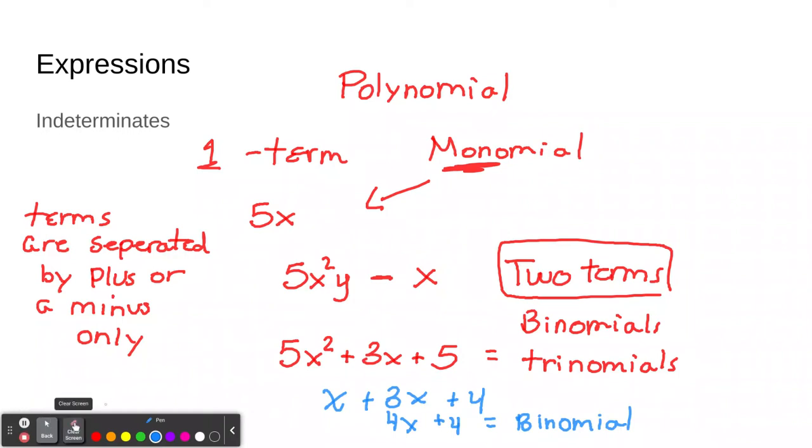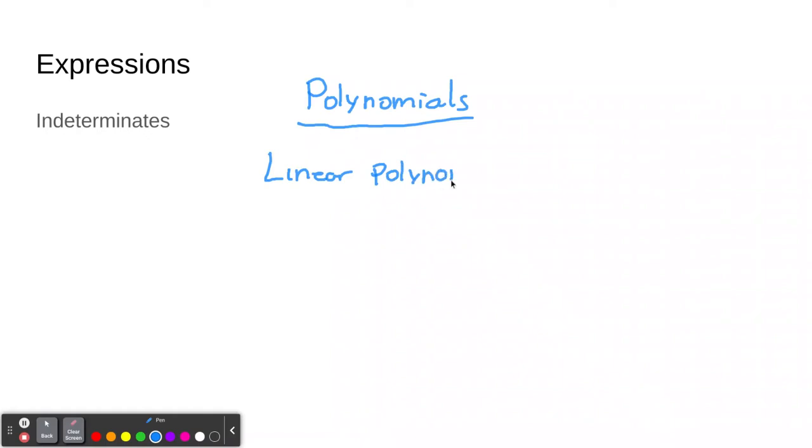So let's clear this out. There are different polynomials depending on their terms, and also you can have linear polynomials. If you remember from 8th grade, linear are the type of equations that create a straight line on the graph. Linear have a degree of 1.